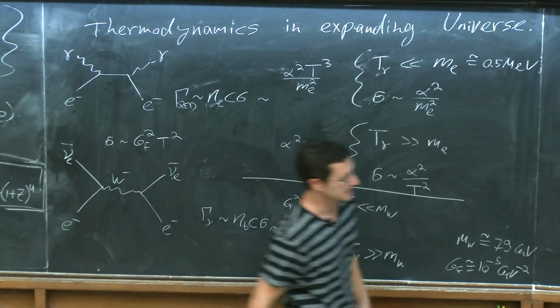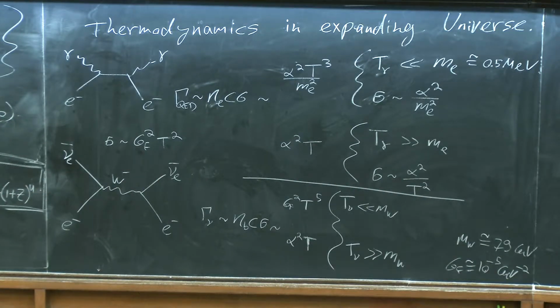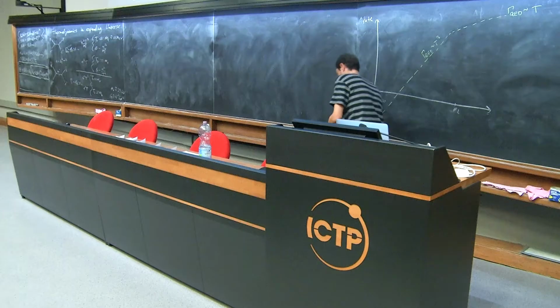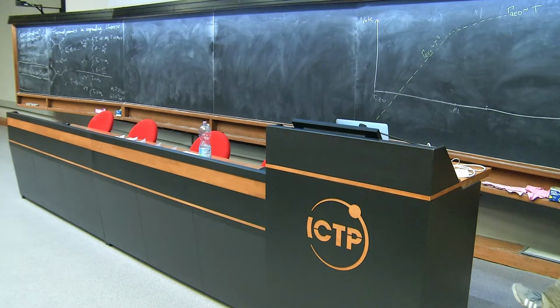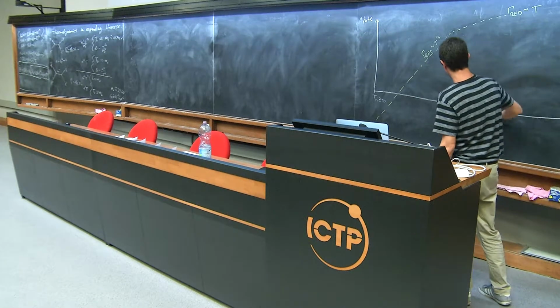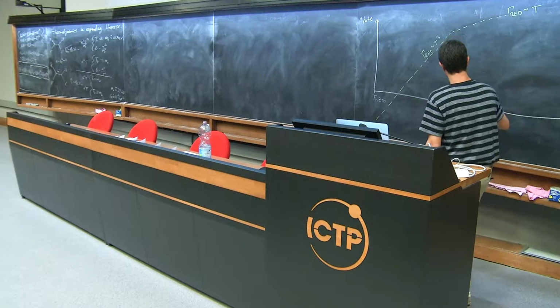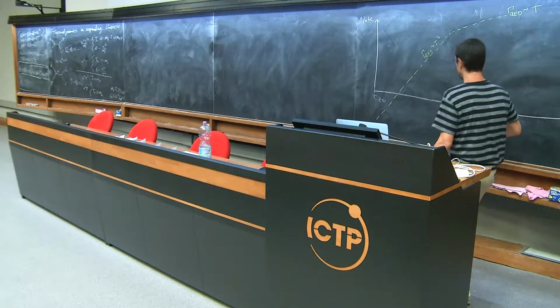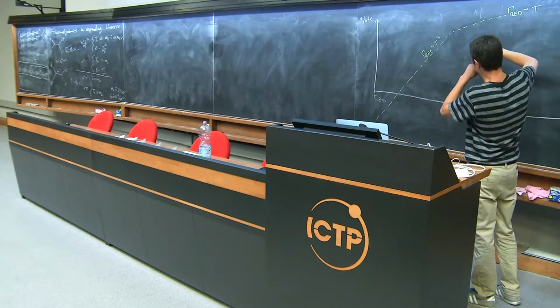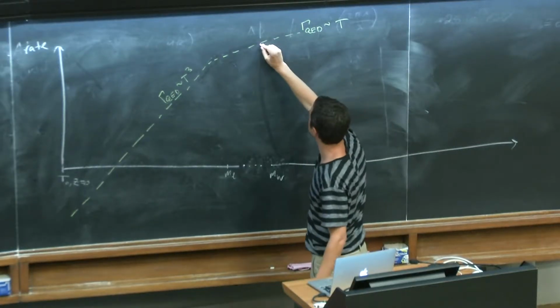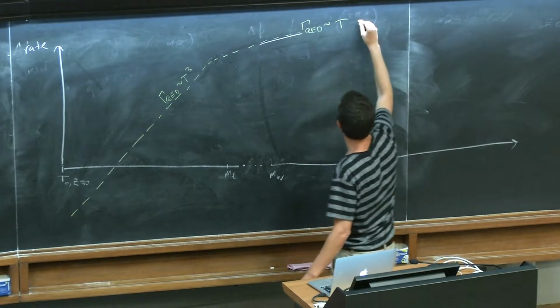So I can draw a similar diagram for neutrinos, similar to what I did here. But I have to extend this axis a lot. Okay, so I have to go to the scale of mW. And at around the scale of mW, these neutrino interactions are in fact comparable.